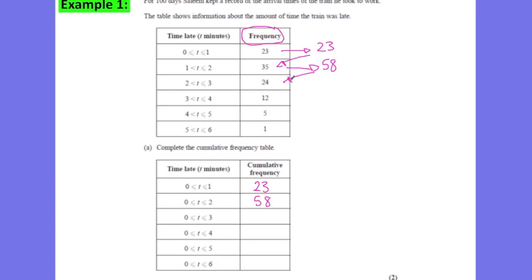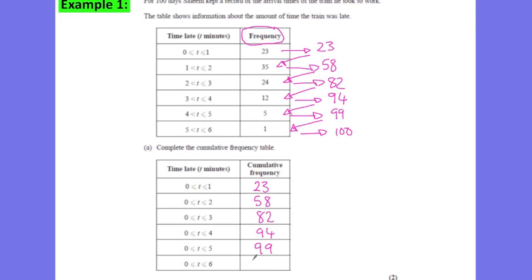We follow this pattern. We take our last cumulative frequency and add the next category: 82. Add 12 to 82, and we have 94. 94 add 5, 99, and 99 add 1, we have 100.